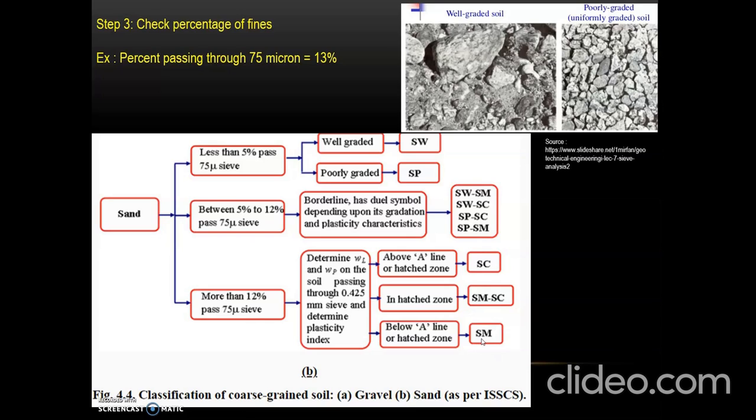So for that we need to check whether the soil comes above A line or whether it falls within the hatched zone or whether it falls below A line. If soil falls above A line, then it is SC. If it comes in hatched zone, then it is classified as SM-SC. And if soil comes below A line, then it is SM.